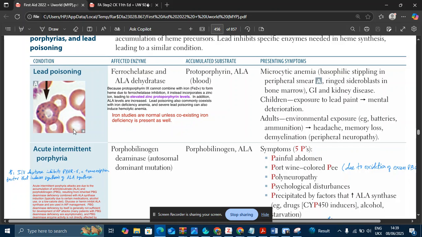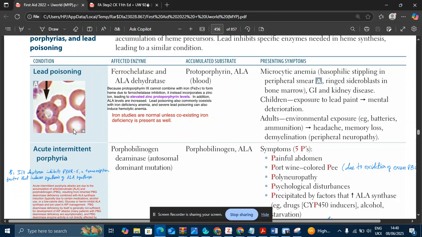When they give you this kind of description, you should know that the child must have been exposed to lead paint, must have eaten that lead paint, because old houses have chipped paints, and mostly the houses built before 1978 usually have lead paint.